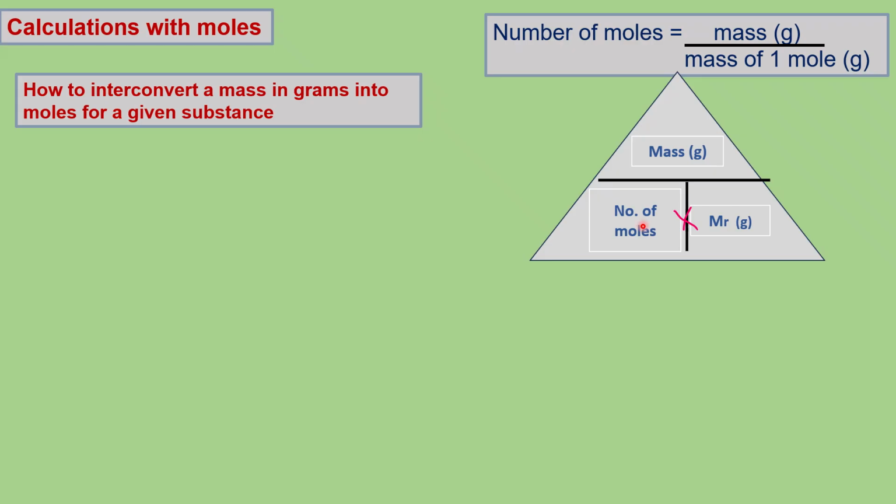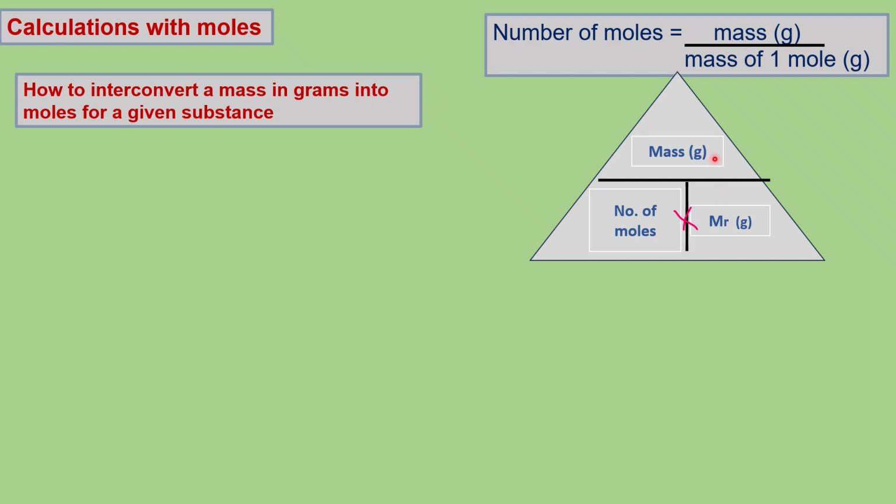The number of moles equals the mass in grams divided by the relative formula mass, which is also the mass of 1 mole. If we know the mass and we know MR, we can find the number of moles by dividing the mass by the mass of 1 mole.